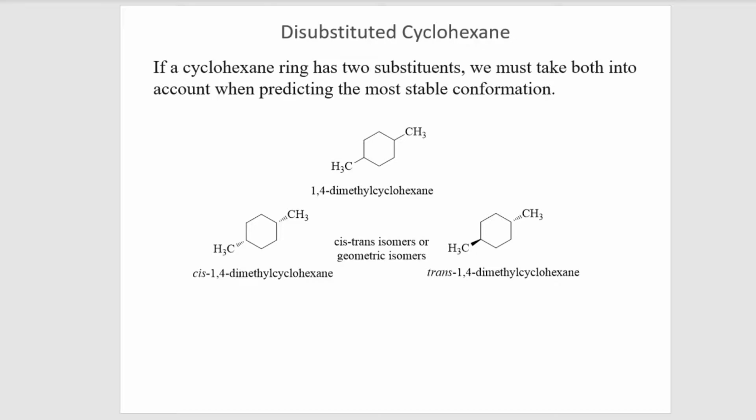So if I have two groups, and they're given wedges and hashes, I want you to equate a hash as meaning down. We've looked at hashes as meaning back, and I want you to expand that so that hashes mean down.